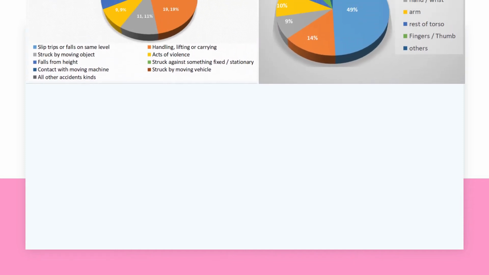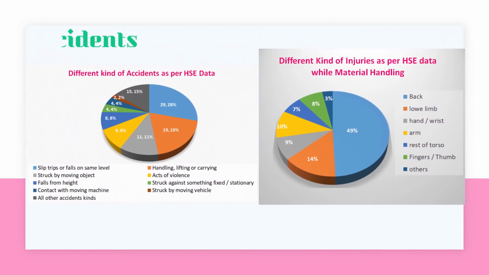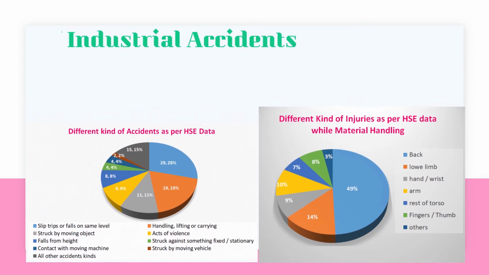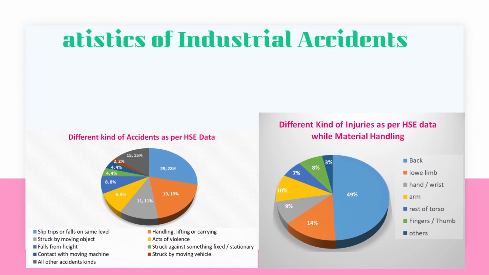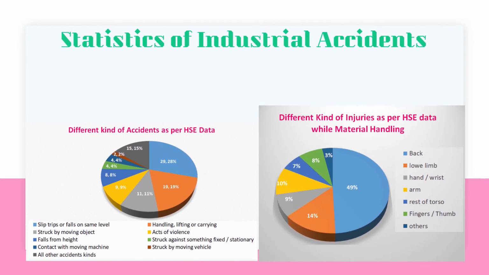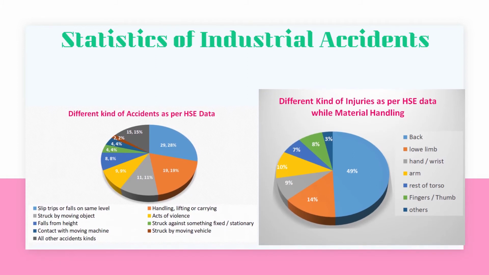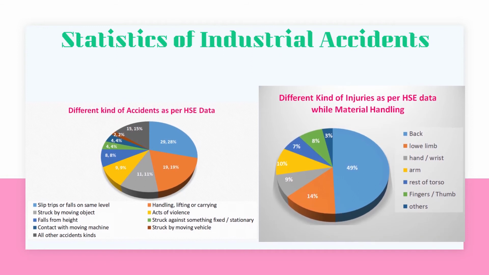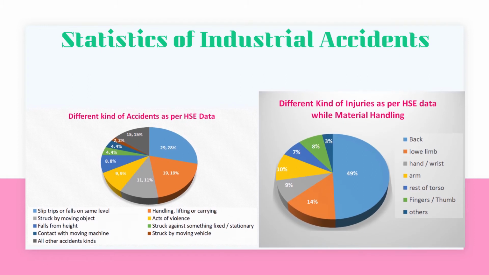Now if we see HSE data, where they have classified these accidents into slips, trips or falls on the same level, handling, lifting, carrying, struck by moving objects, acts of violence, falls from height, contact with moving machines, struck by moving vehicles, and all other accident kinds. If you see that, 29.28% is because of slips and trips, which may again be directly or indirectly because of materials.